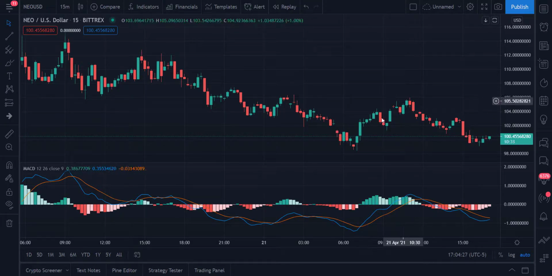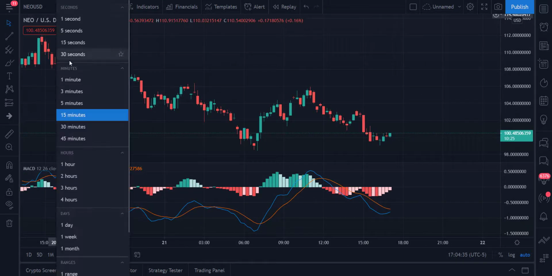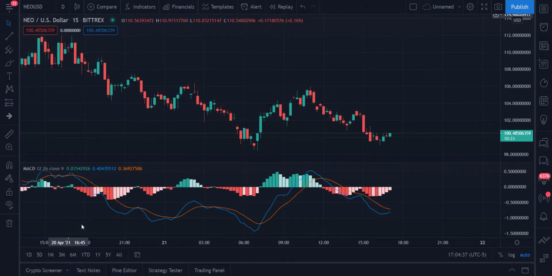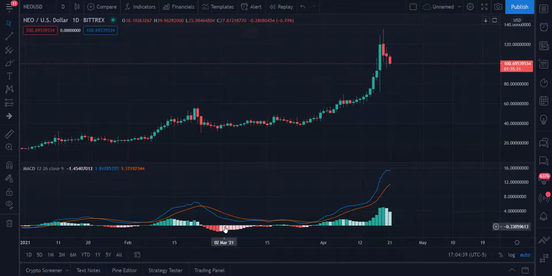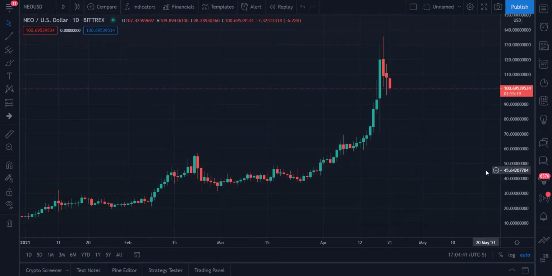So this buy would have actually been a retracement, and then it's heading lower. So I don't find the MACD to be very useful. Maybe you guys see something different, but it's not useful for my style.